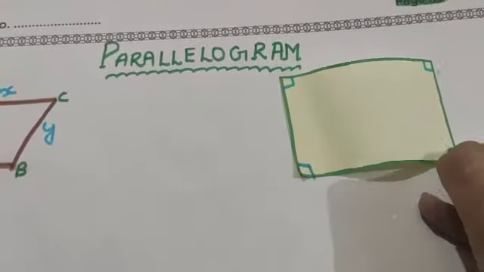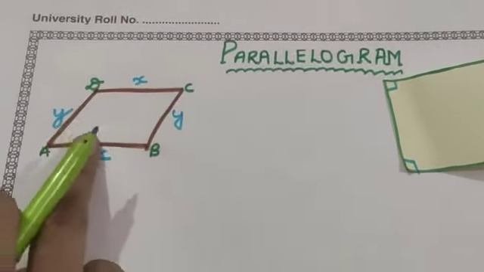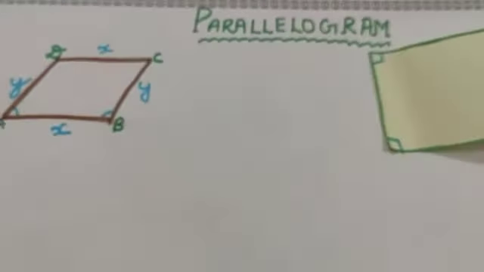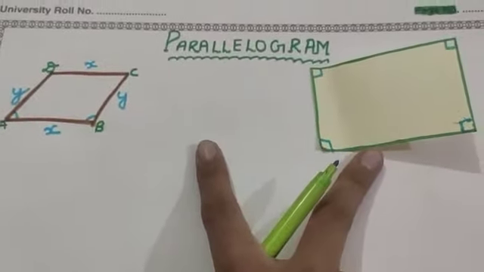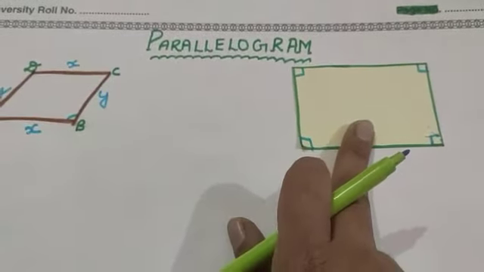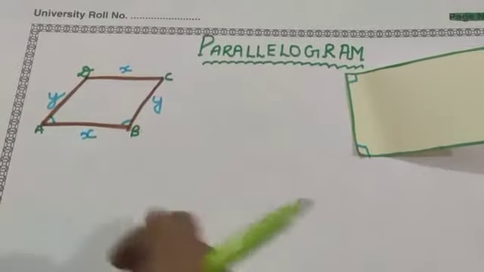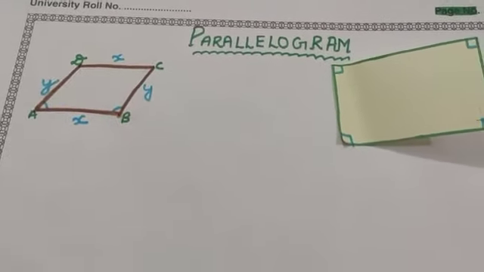But in the parallelogram, the angles are not 90 degrees. So the basic difference between the parallelogram and the rectangle is that in the rectangle the angles are 90 degrees, while in the case of a parallelogram the angles need not be 90 degrees.